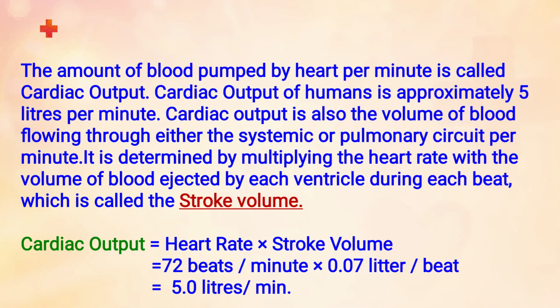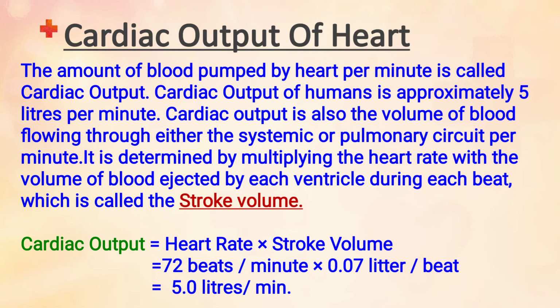Now, next, the cardiac output of the heart. The amount of blood pumped by the heart per minute is called cardiac output. Cardiac output of humans is approximately 5 liters per minute. Cardiac output is also the volume of blood flowing through either the systemic or pulmonary circuit per minute.